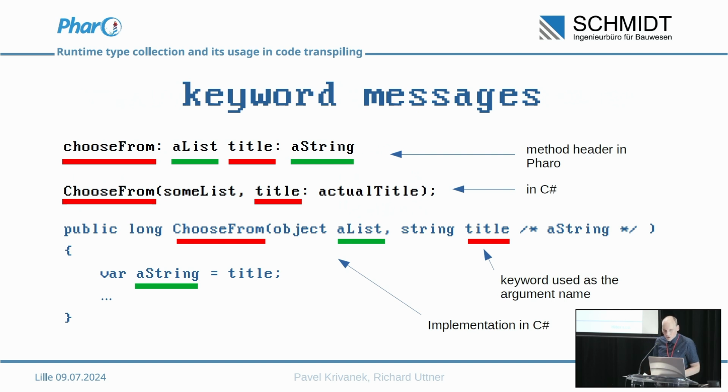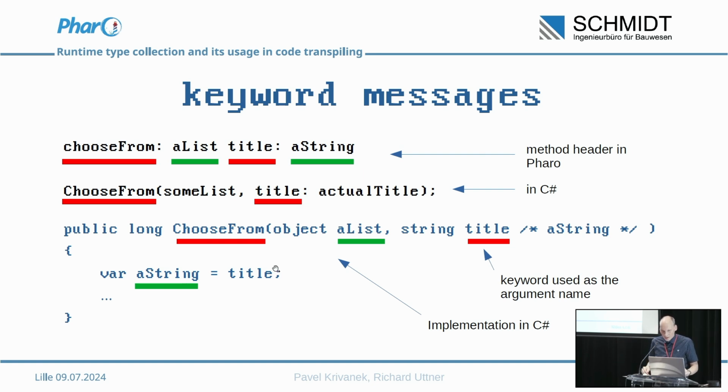For keyword messages, here you see how some method header is implemented in Smalltalk, in Pharo. And this is how then it's called. So you need to put the parentheses, but you still can use the keyword message. So it's close.